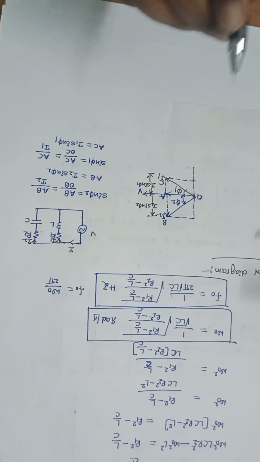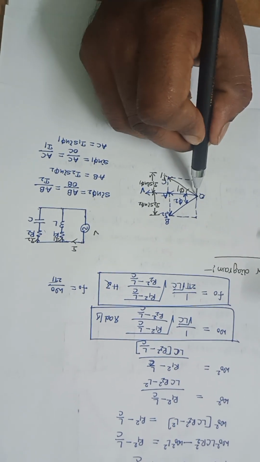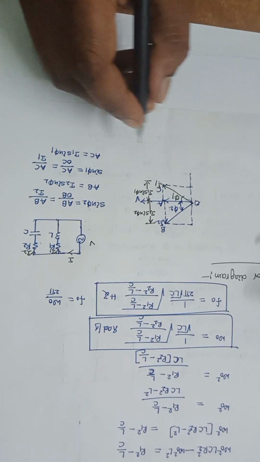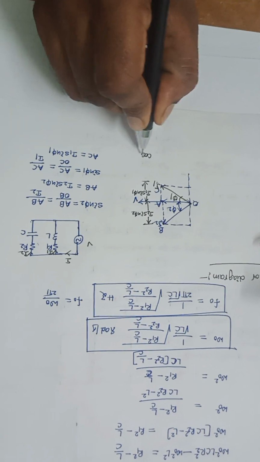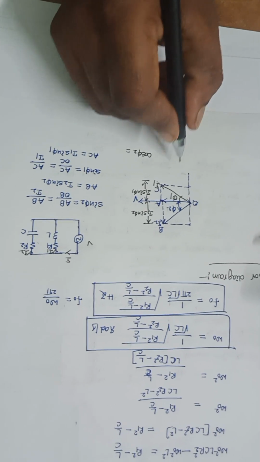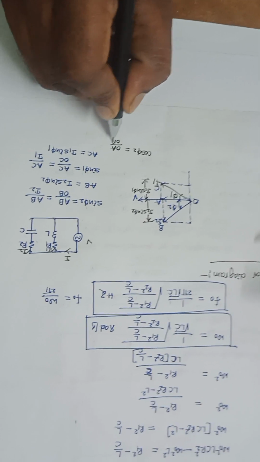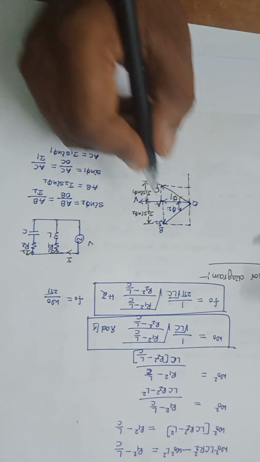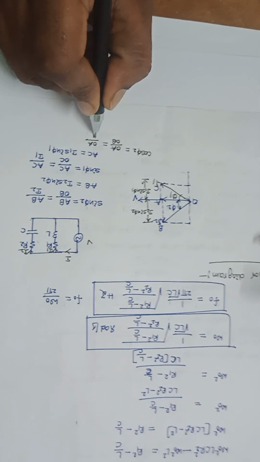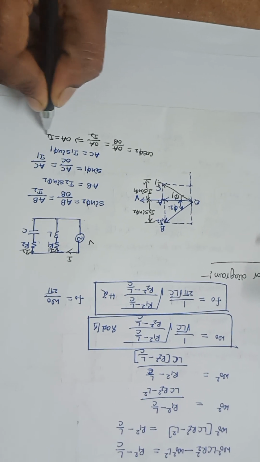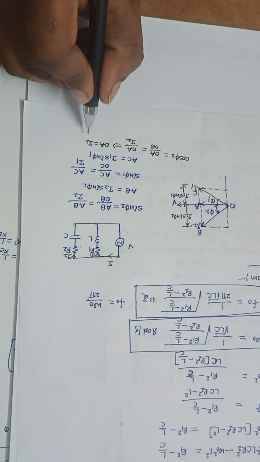Now I want to find this OA. Let us find cos phi 2. Cos phi 2 is equal to OA divided by OB. We know that OB is I2. So OA is equal to I2 cos phi 2.